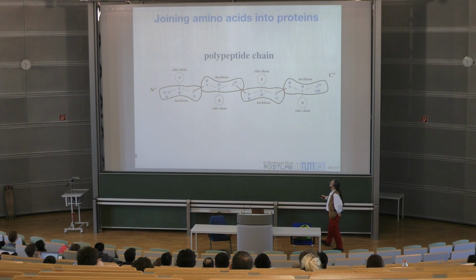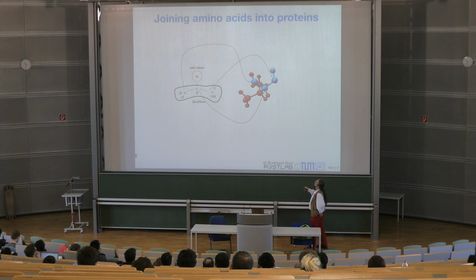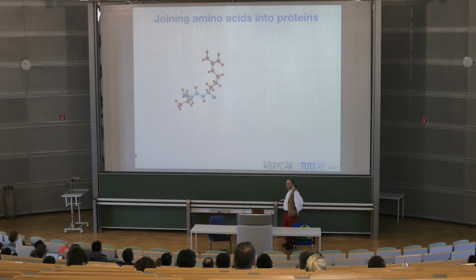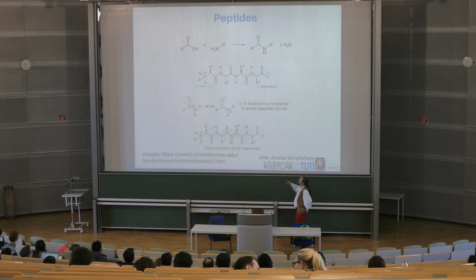Okay, and then you keep going, you string them up, and you essentially join amino acids into proteins. And again, there is the part that is the backbone, and there's the part that is the side chain. When they are joined like this, there's a peptide bond, and there are particular angles that can be occupied.